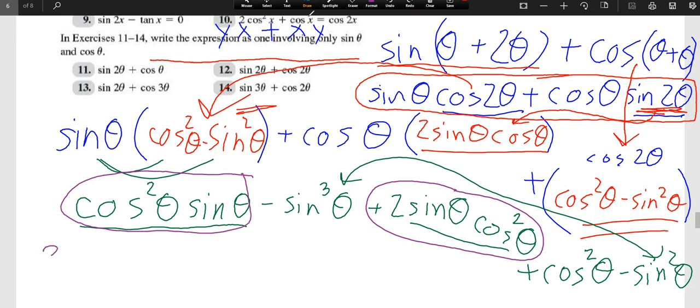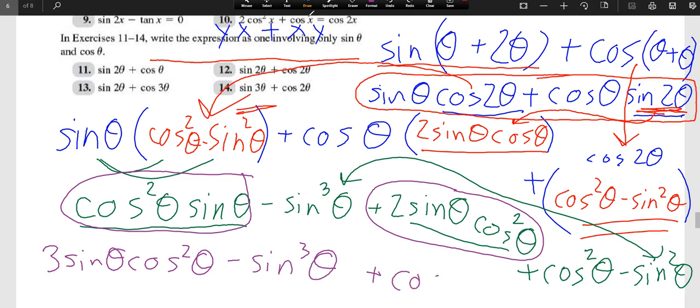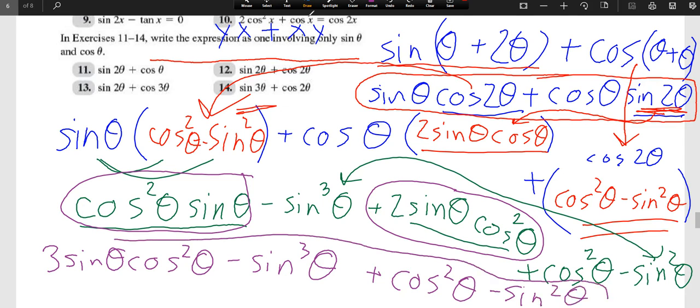So that gives me 3 sine theta cosine squared theta minus sine cubed theta plus cosine squared theta minus sine squared theta. Okay. Finally got that one figured out. Sorry for the mistakes, but that's it. So that's question 14.